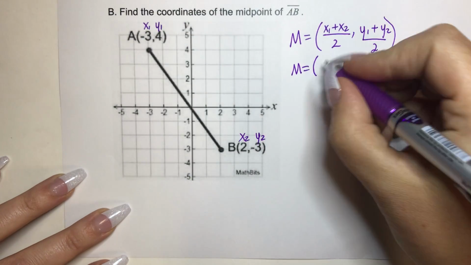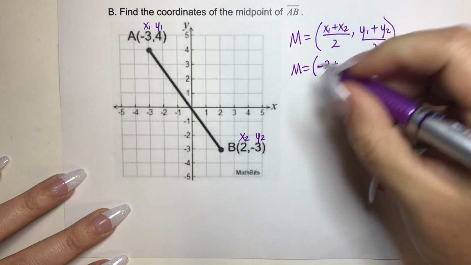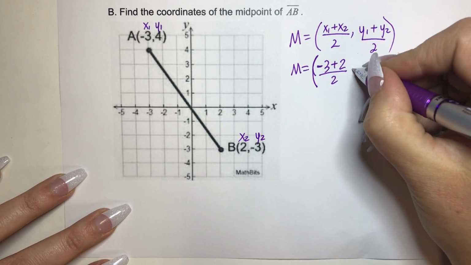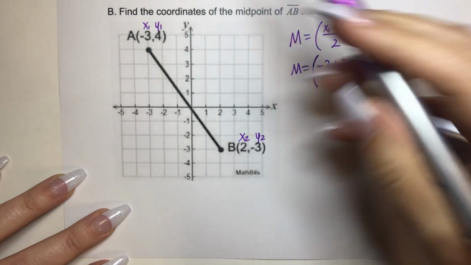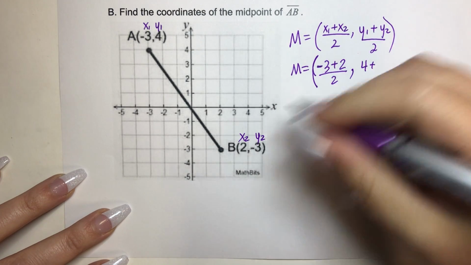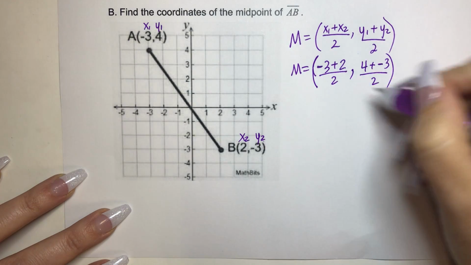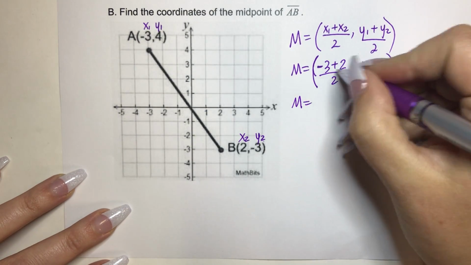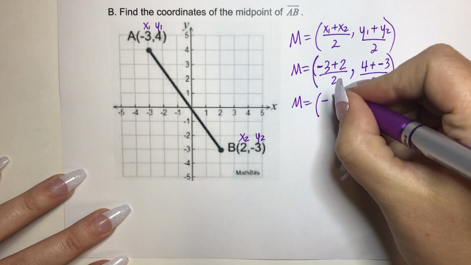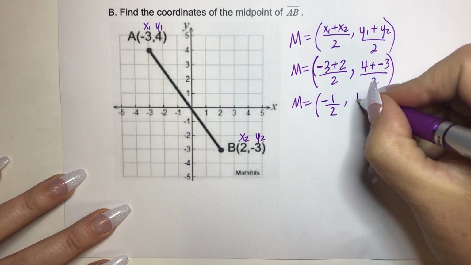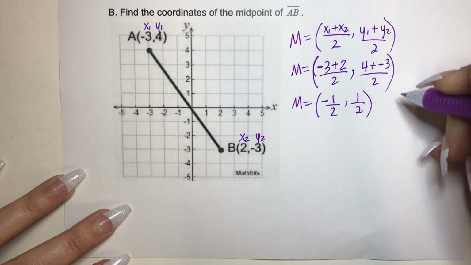x1 is -3 plus x2 is 2 all over 2, comma, y1 is 4 plus y2 is -3 all over 2. And then we just simplify. -3 plus 2 would be -1 over 2. 4 plus -3 would be 1 over 2.